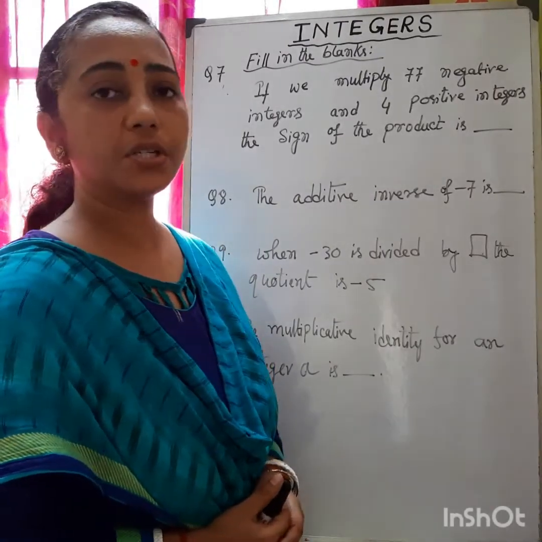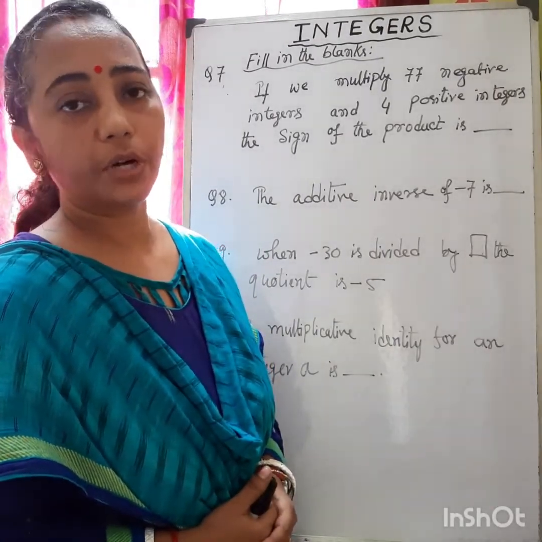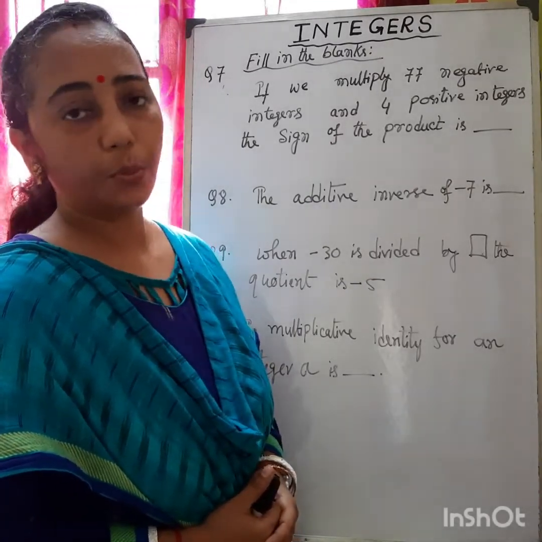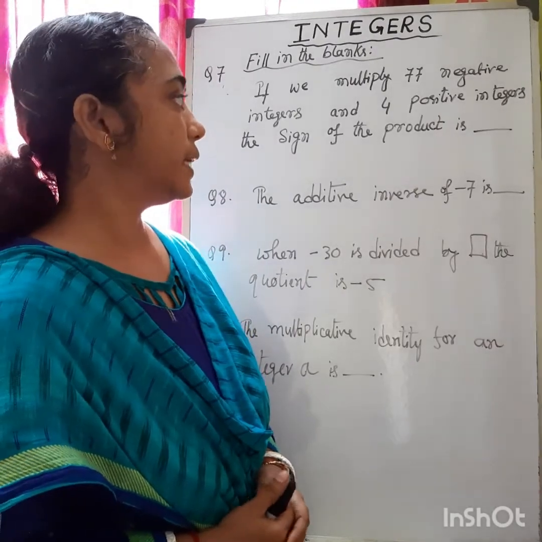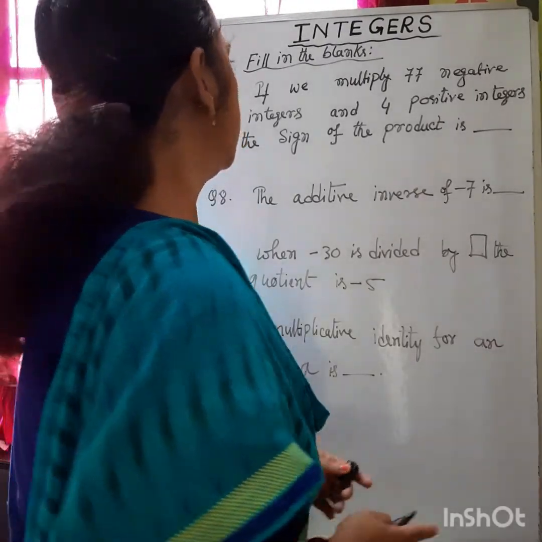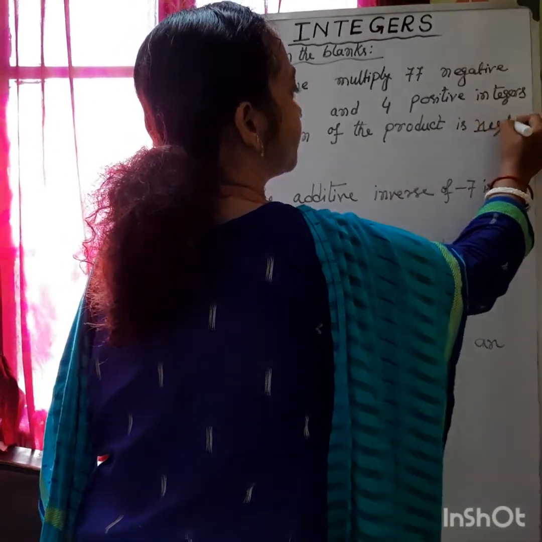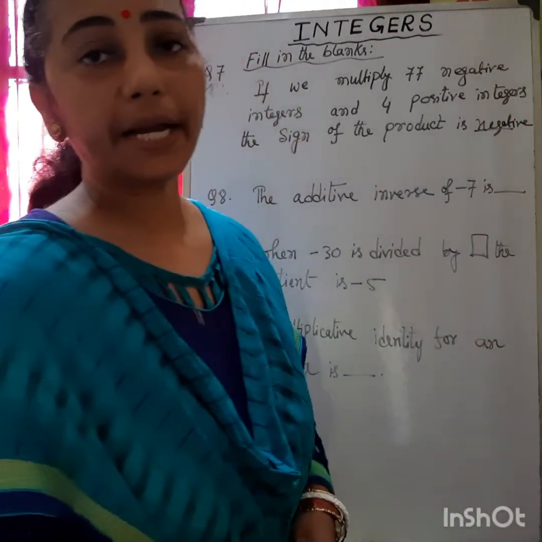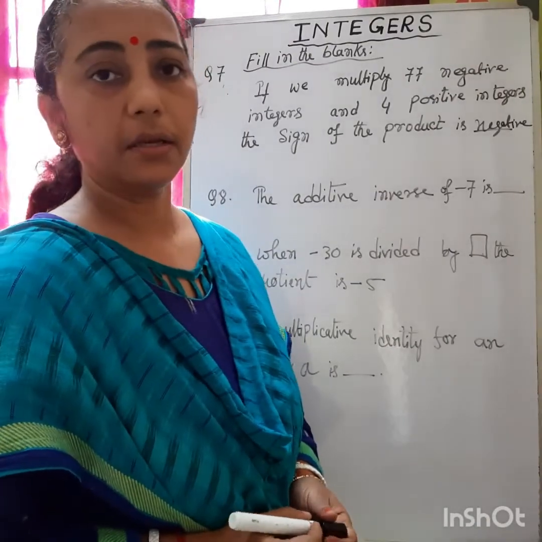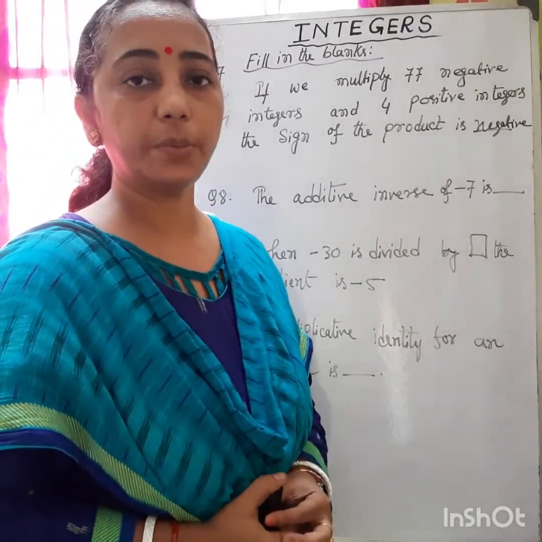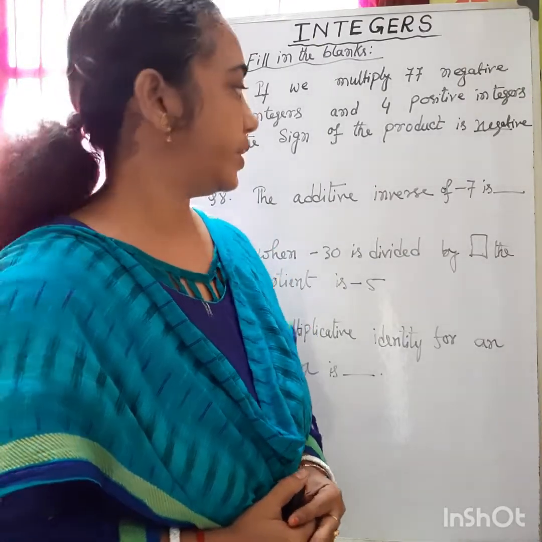And positive integers, if you multiply odd or even, whatever, will always give a positive integer. So negative sign into positive sign will give negative sign. So the sign of the product will be negative, because a negative integer into a positive integer always gives a negative integer.